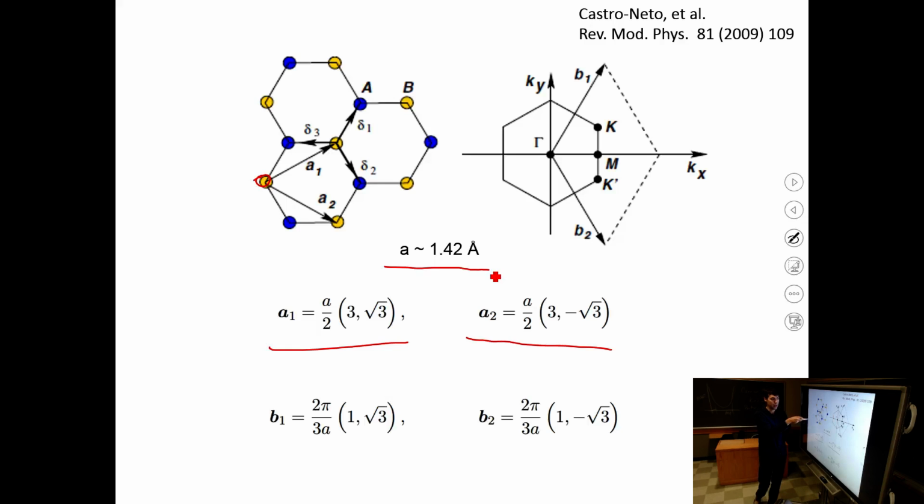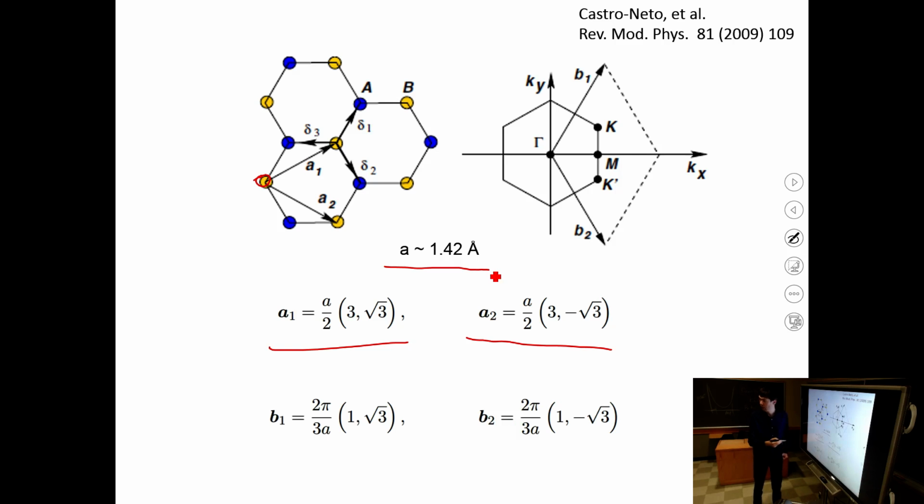So the lengths of A1 and A2 are given here in terms of A. And you can see that these are not 90 degrees with respect to each other. They are unit vectors of a trigonal lattice, and therefore, they are at an angle of 60 degrees.